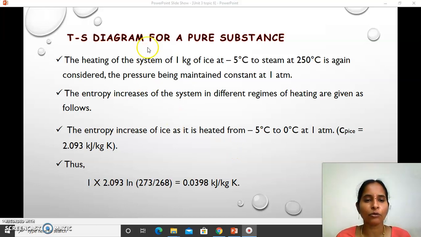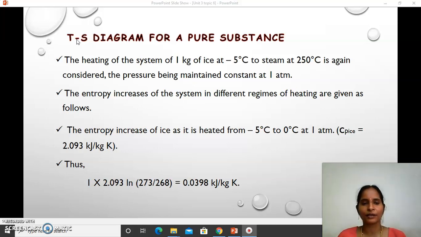Everything can be found out by this property S. Entropy S is plotted along with temperature and also enthalpy, and from the next video onwards we will study in detail how to draw the TS diagram and HS diagram.